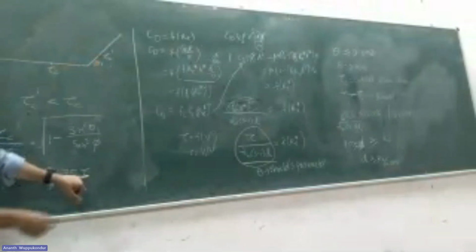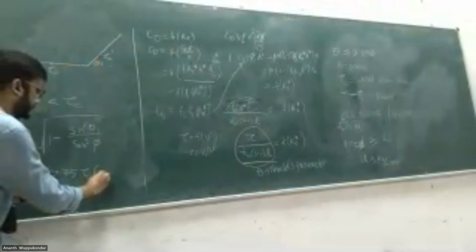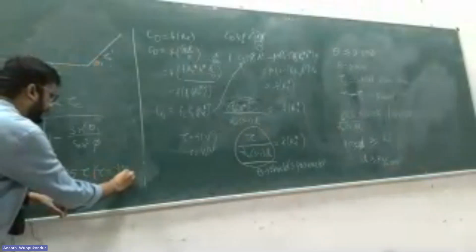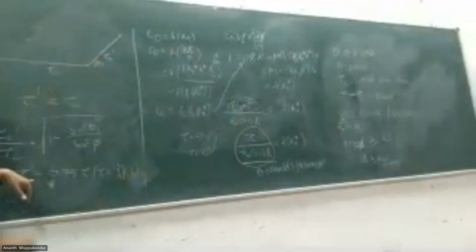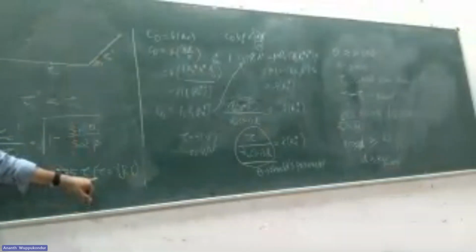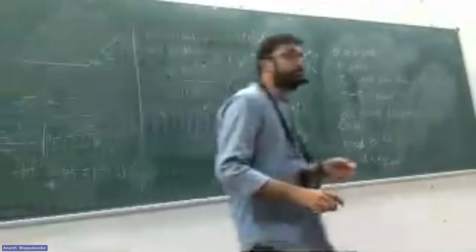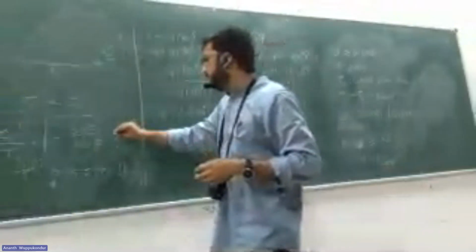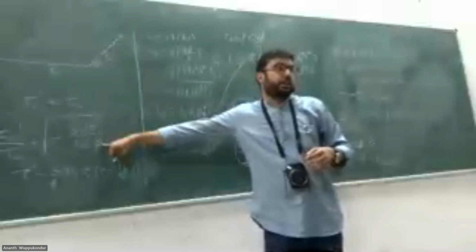So if you calculate this as gamma RS, the shear stress on the sides is going to be 3/4 of what is on the bed. So phi is the angle of friction for the soil, the angle of internal friction.